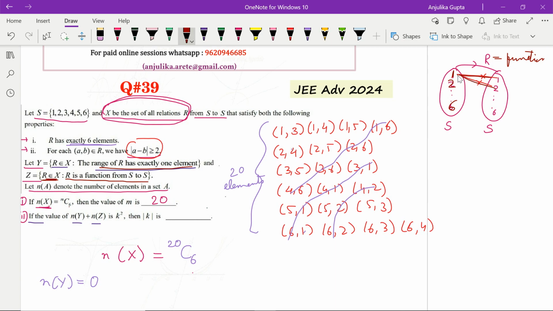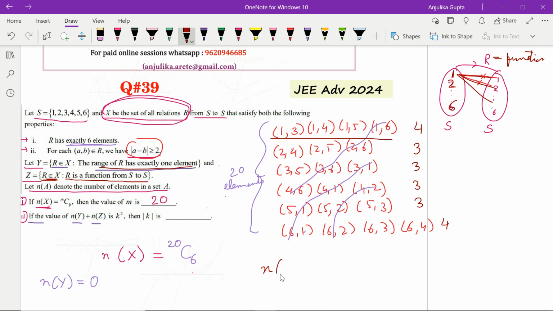One has to go to exactly one unique element. So 1 has four options to go to. 2 has 3 options. 3 has 3 options. 4 has again 3 options. 5 has again 3 options, and 6 has 4 options. These are all the possible options to form a function.